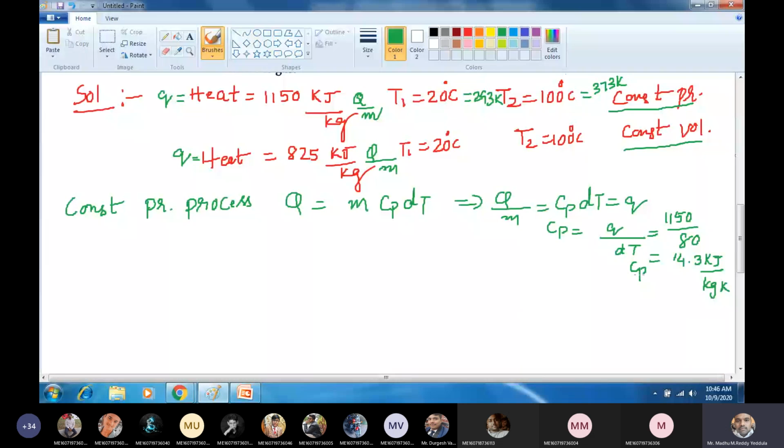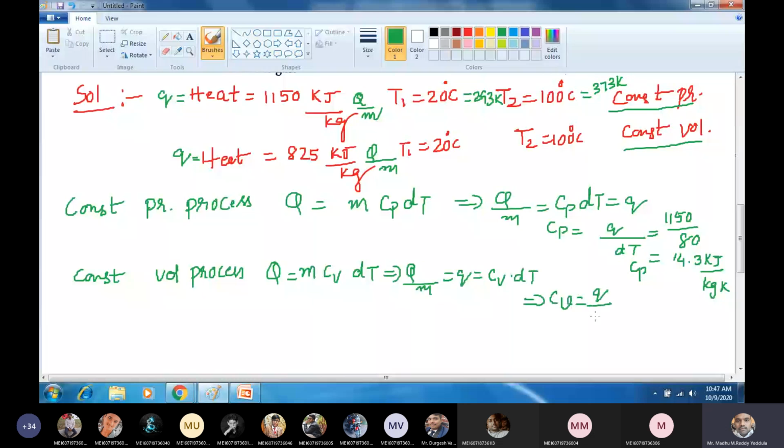In the same way, for the constant volume process, we can write Q is equal to m Cv dT. From this, Q by m, small q, is equal to Cv dT, so Cv is equal to q by dT.